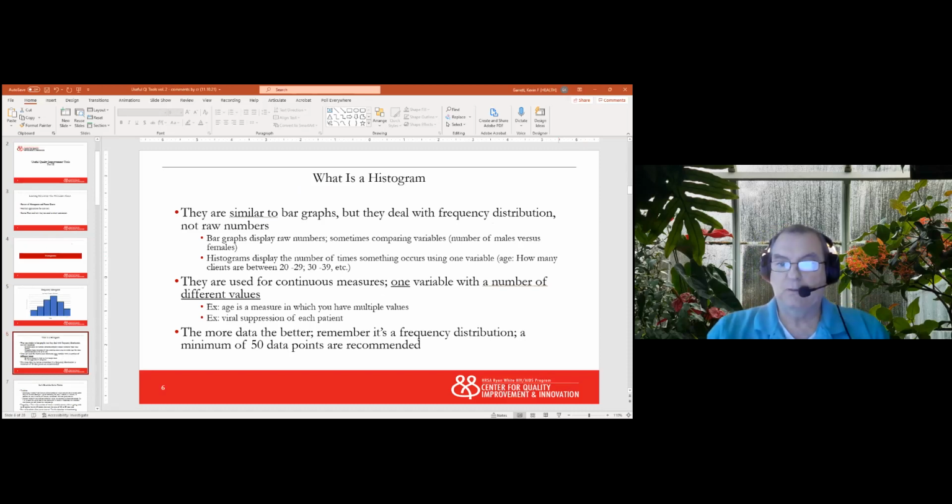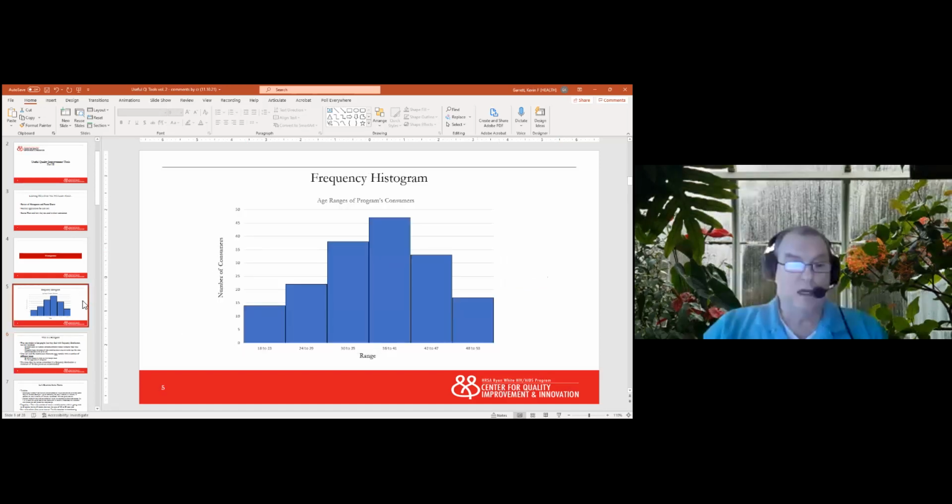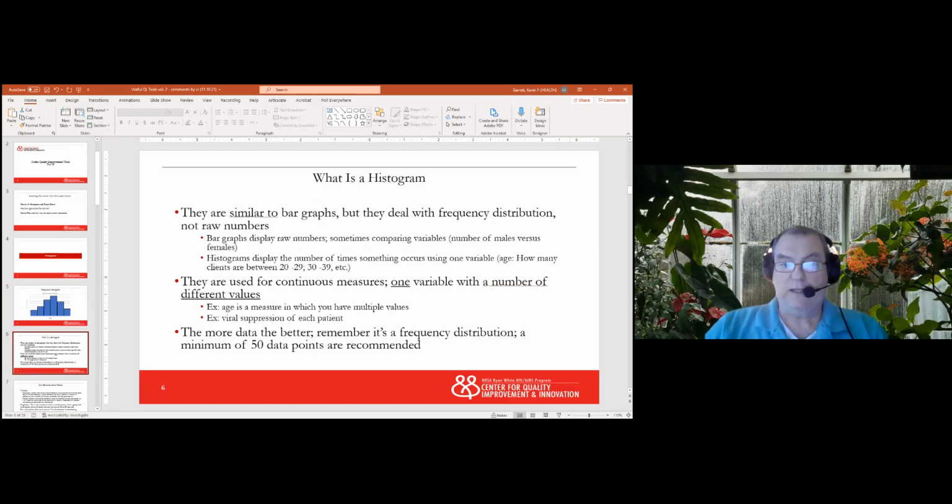So again, we're dealing with frequency distributions and not necessarily raw numbers. If it were raw numbers, you could do a line chart. You could do a bar chart. You could do a pie chart in some cases. The histogram is used for one variable. In the case of this chart, it's age, and we have a number of different values, or in this case, bins, within the age brackets.